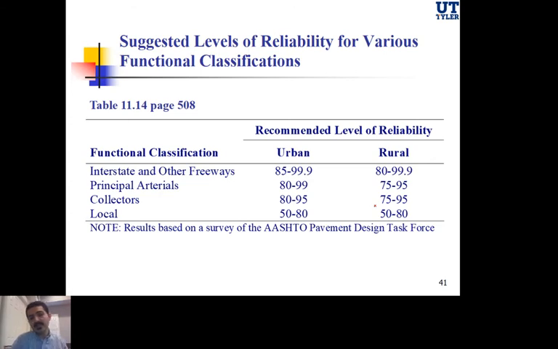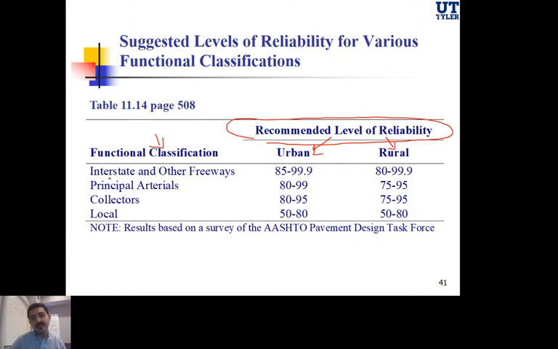So this is the table that we will be using a lot in our pavement design examples. Let's take a look. This is the functional classification, and here we have the recommended level of reliability depending on whether the structure is in an urban or a rural setting.